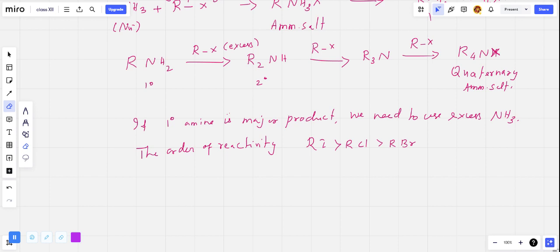Okay, ammonolysis of alkyl halide. So that is the second method. Okay, so the third method. Now what is the third method? The third method is reduction of nitriles. What do you mean by nitriles?